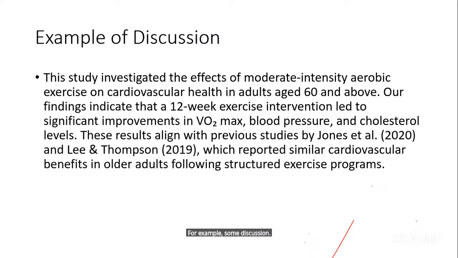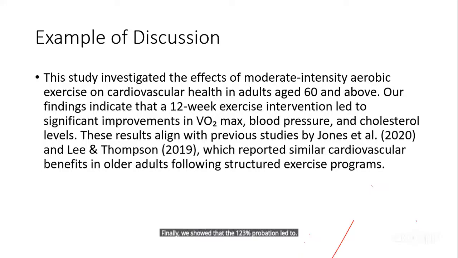So here is an example of a discussion. This study investigated the effect of moderate intensity aerobic exercise on cardiovascular health in adults aged 60 and above. Our findings indicate that the 12-week exercise program led to significant improvement in VO2 max, blood pressure, and cholesterol level.